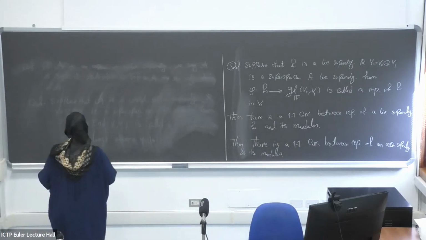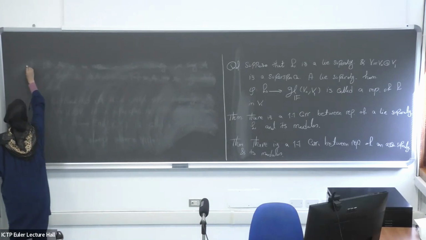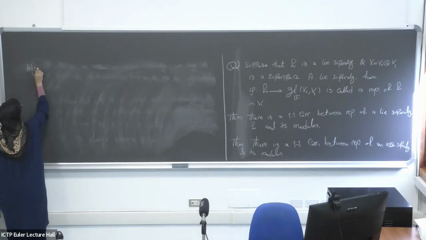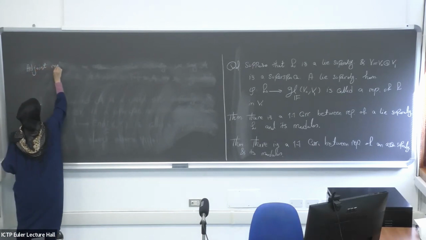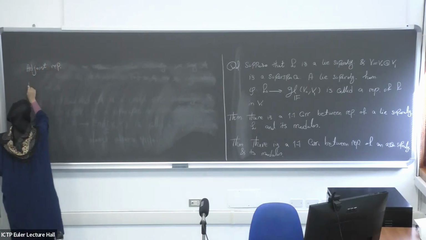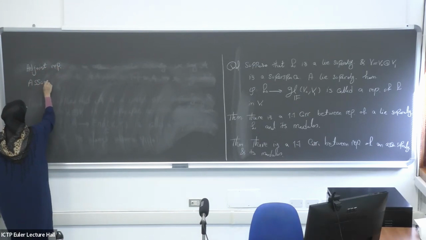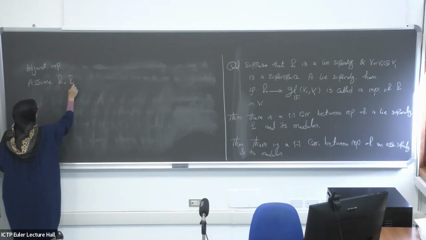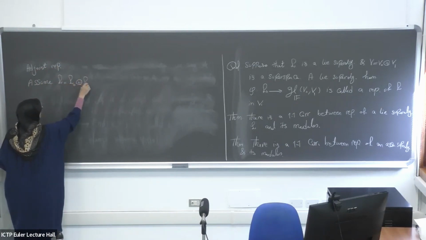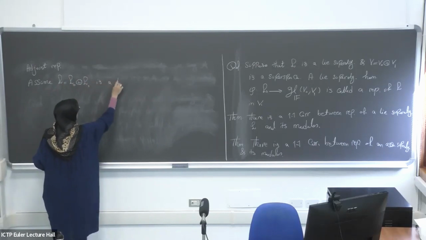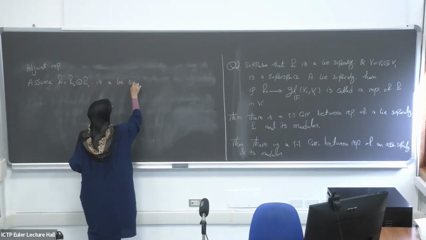Okay, let's look at an example, the adjoint representation. Assume L equals L0 direct sum L1 is a Lie superalgebra.